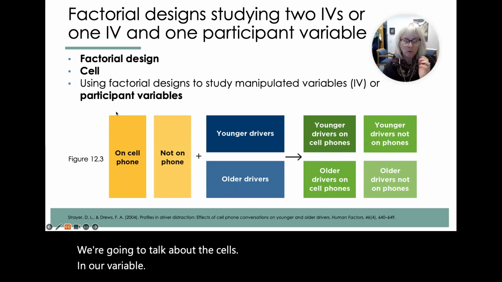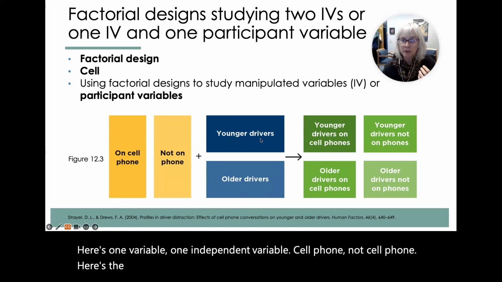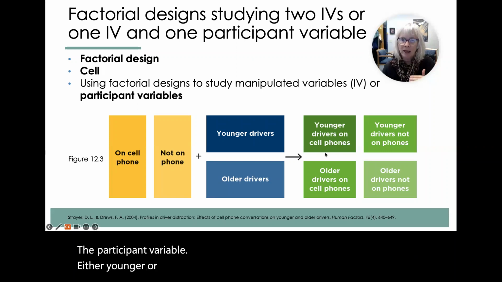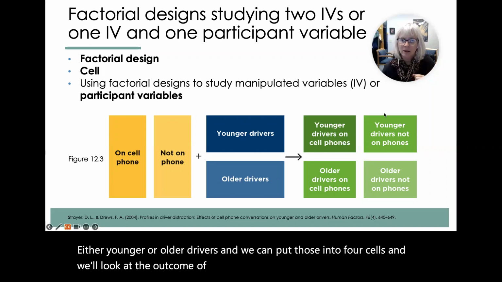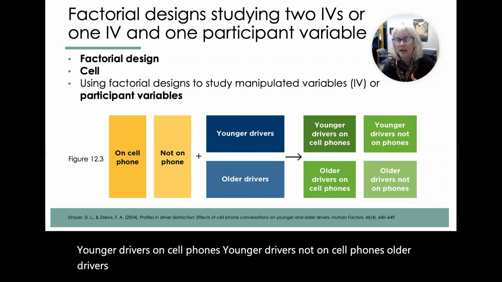So here's one independent variable, cell phone, not cell phone. Here's the participant variable, either younger or older drivers, and we can put those into 4 cells, and we'll look at the outcome of those cells. Younger drivers on cell phones, younger drivers not on cell phones, older drivers on cell phones, and older drivers not on cell phones.